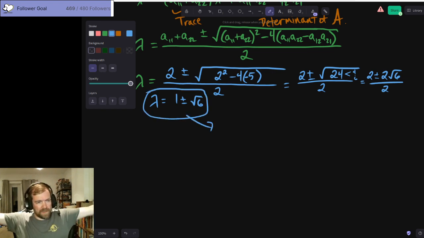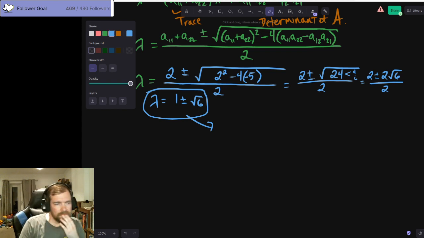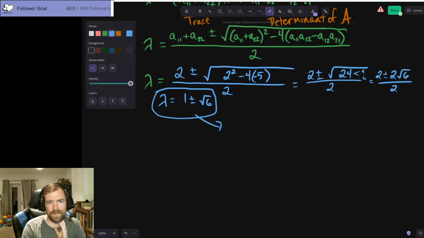Alright, so where does that leave us? Well, originally we wrote down where the lambda showed up. I guess we could go way back to the beginning.